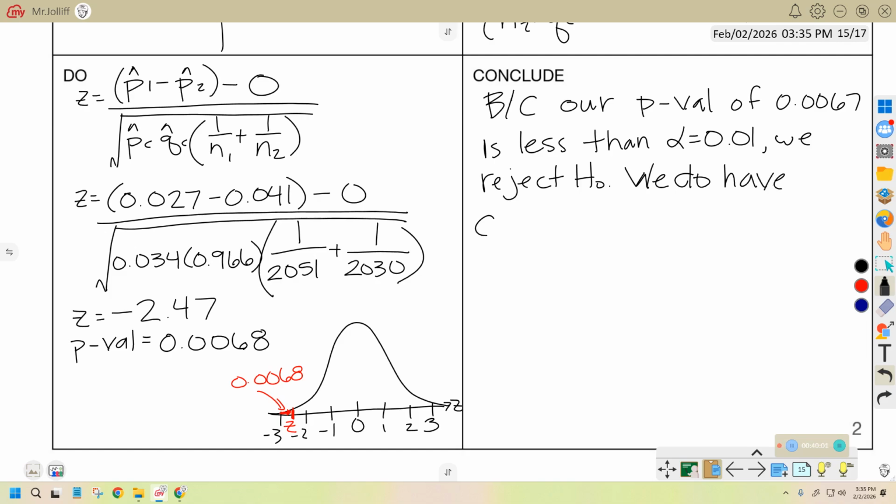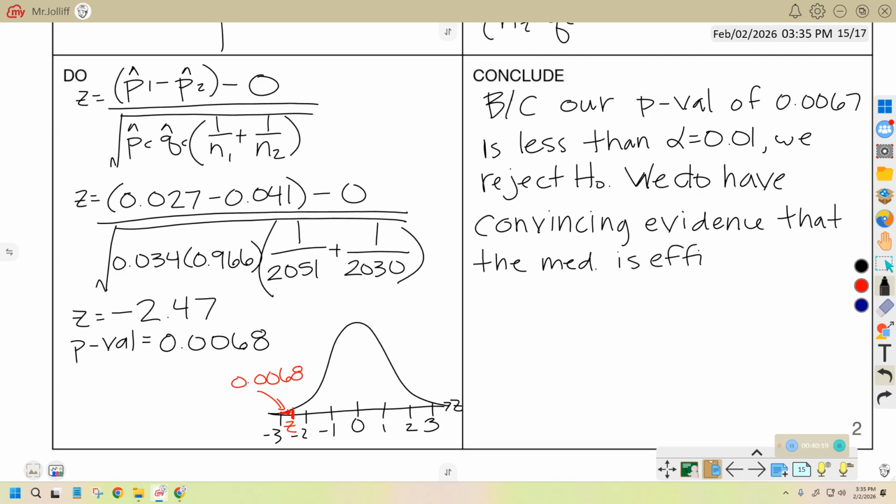So we do have convincing evidence that the medication is effective, if I knew how to spell, at preventing heart attacks.